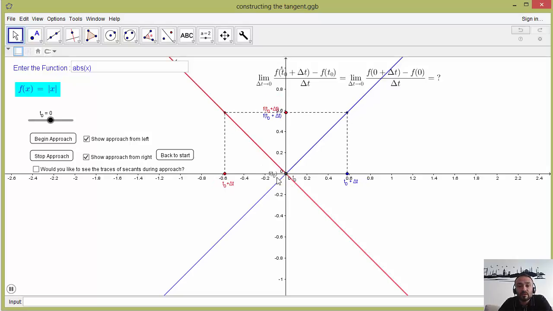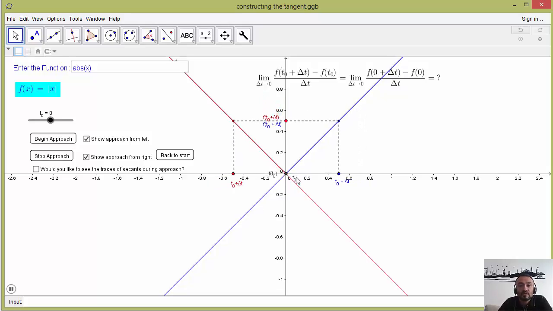The left derivative is constant as the slope of this line, and the right derivative is also constant as the slope of this line.